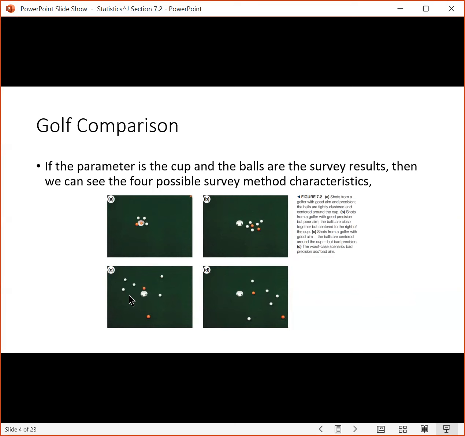So their shots are clustered around the cup, but their shots are widely spread out, and so there's not a lot of precision. And then in the fourth case, we have a golfer who is neither accurate nor precise. Their shots are not clustered around the cup, and their shots are not close to each other.